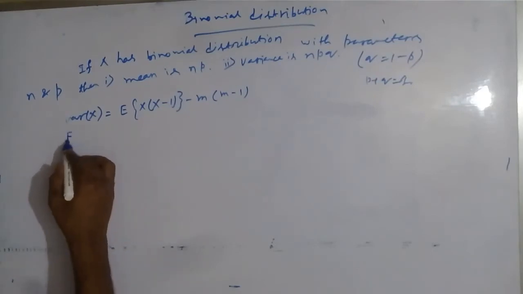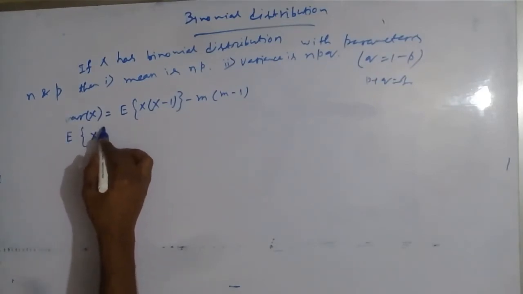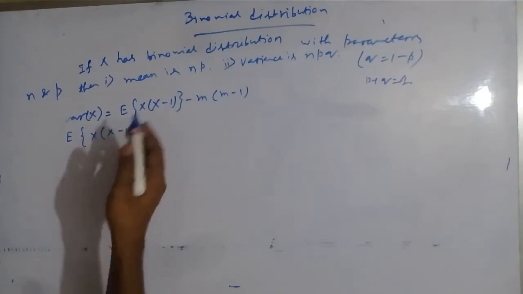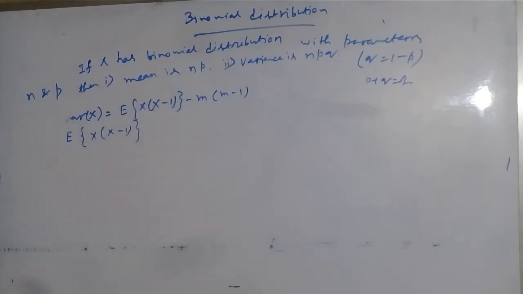So we just have to find E of x into x minus 1, then we will put these values here and get the variance of x.